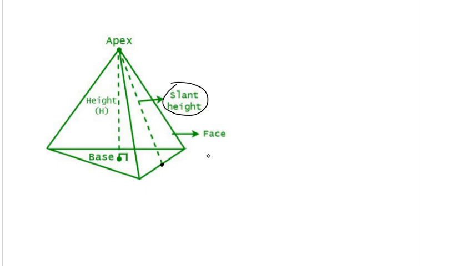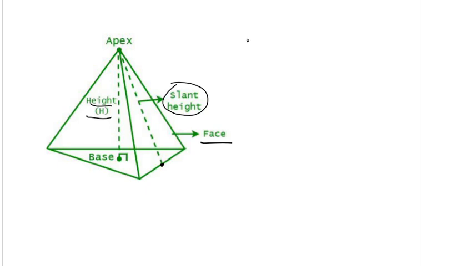Each triangular side is called a face, and from the apex, a vertical line drawn to the base is called the height of the pyramid. So these are very important things to know about a pyramid.